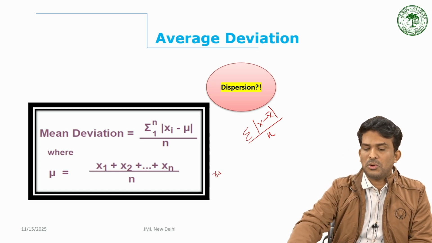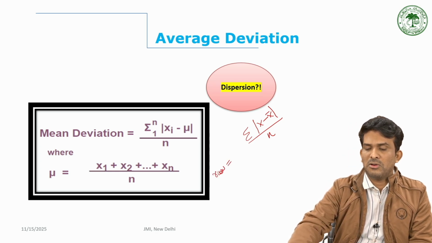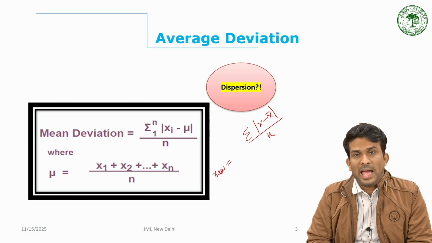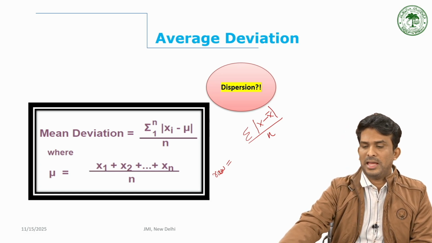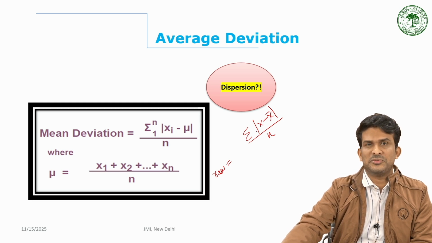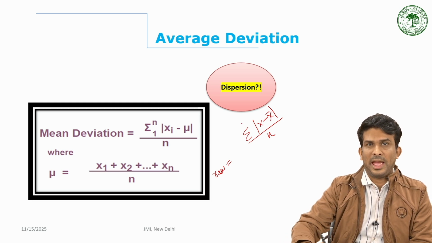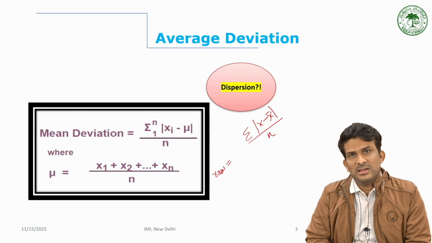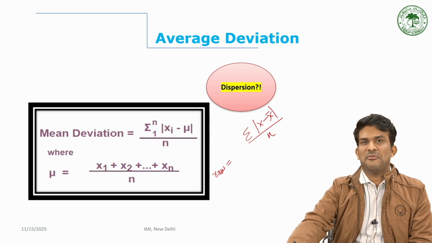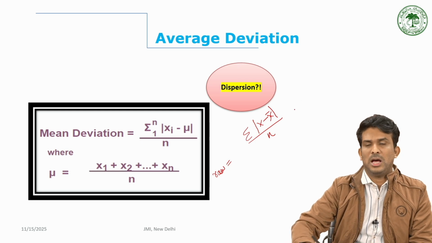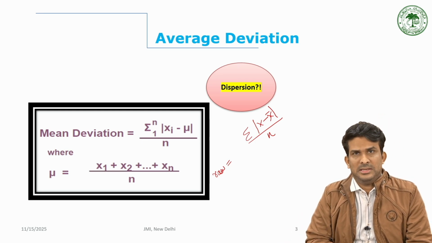For raw data, first you find the arithmetic mean, then take the difference between the arithmetic mean and each measure x. Take the total, sigma of modulus x minus x bar, divided by n.